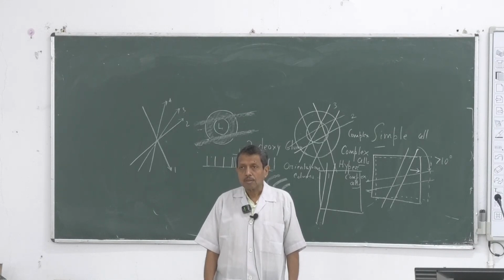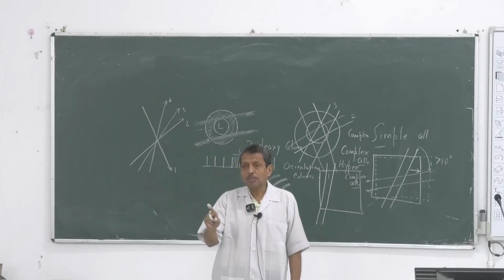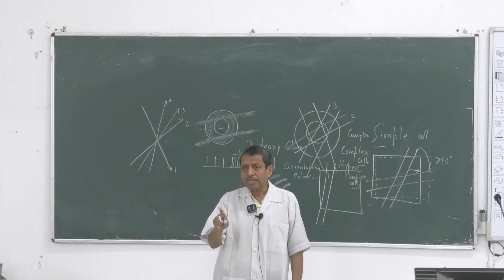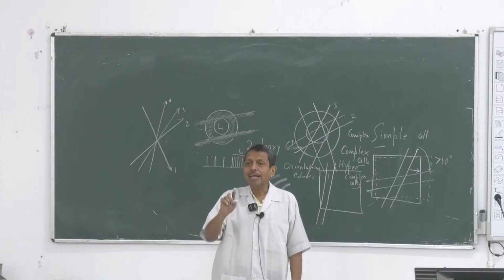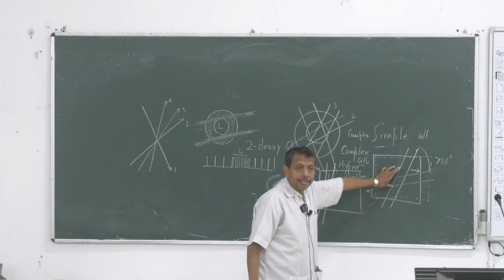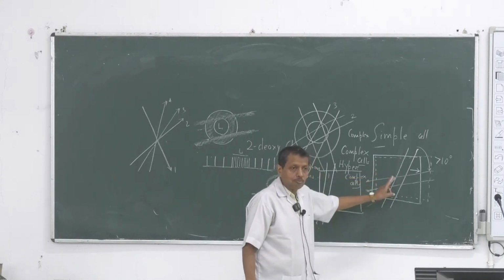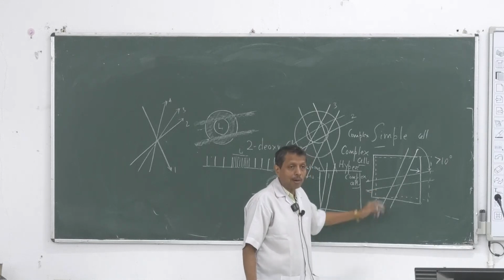Clear? And some of these complex cells may be responsive not only to movement, but also to length. If this length is different, then they may respond by complex cells or even hypercomplex cells. Hypercomplex cells.